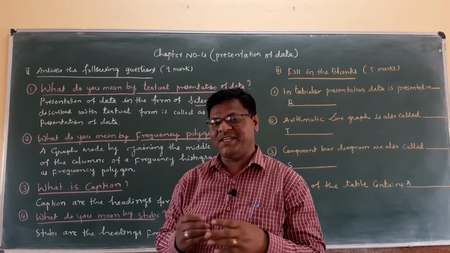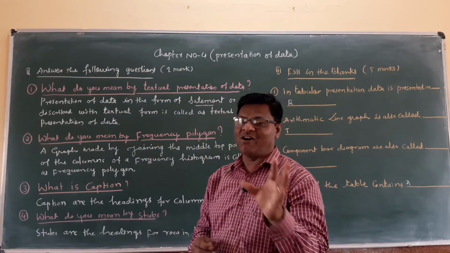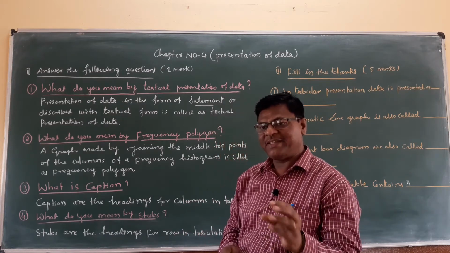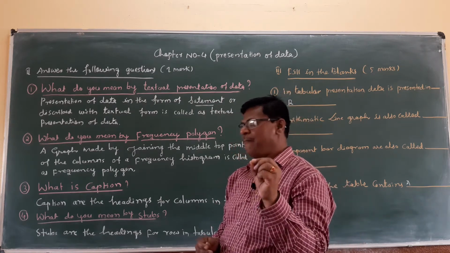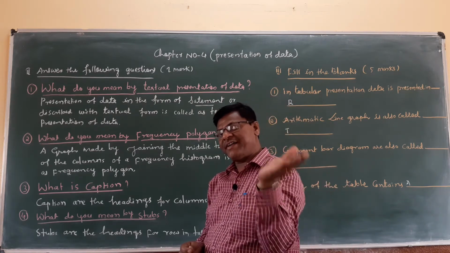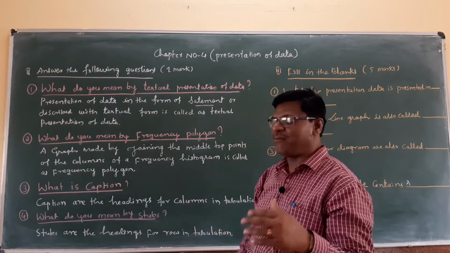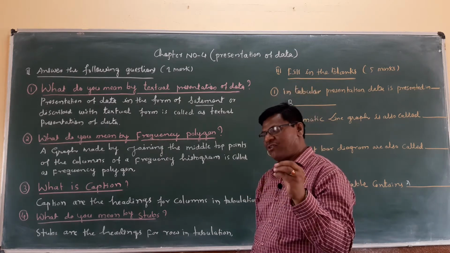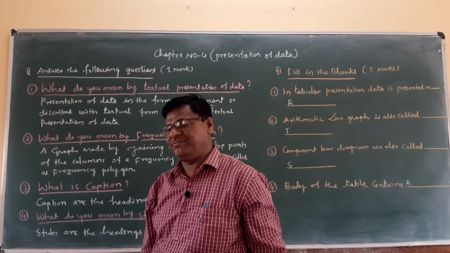And the second question is, what do you mean by frequency polygon? A graph made by joining the middle top points of the columns of a frequency histogram is called the frequency polygon.